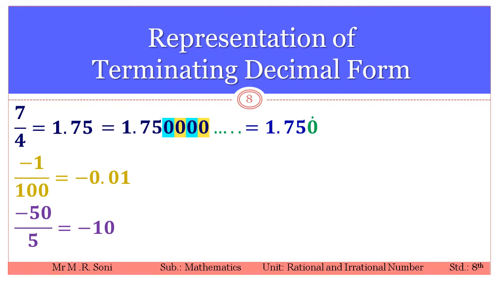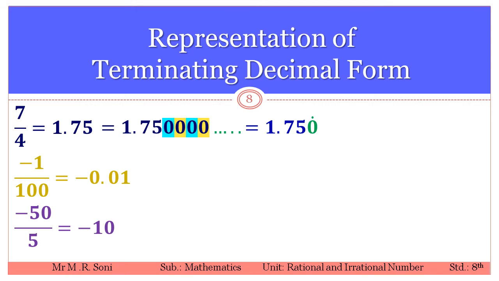So any digit which appears recurringly in your decimal representation can be represented this way, such as the 0 shown in the green color, that is 0 point or 0 dot.